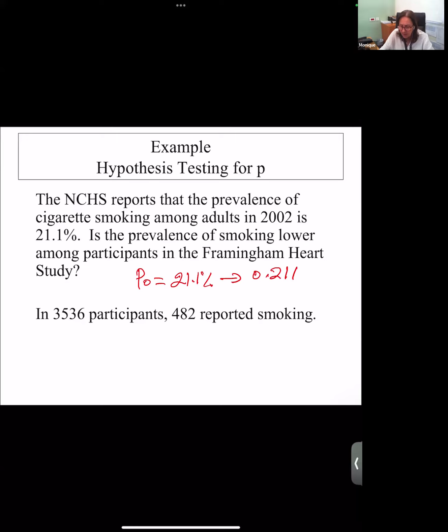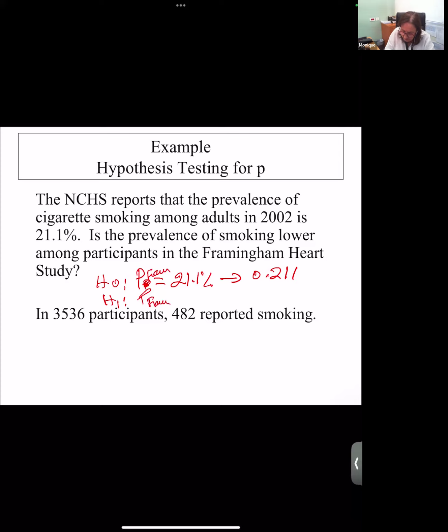Now the question is: is the smoking in the Framingham study lower than the national? So now I'm talking about the one-sided test. So now this is H0 and this is H1 or HA. Is P of Framingham, sorry, this is not P0. So first the P of Framingham.